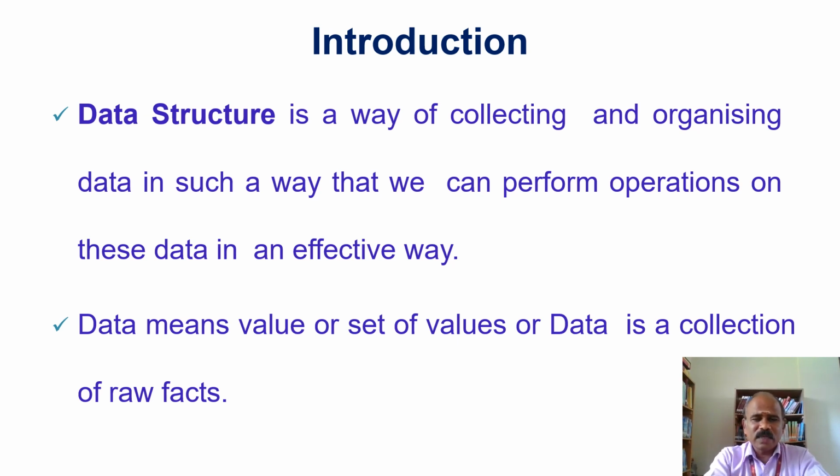So how can you define data? Data is nothing but a value, or you can say raw facts. If you say number 5, 5 is the data. When you process that 5 with some entity like boxes, you can say 5 boxes.